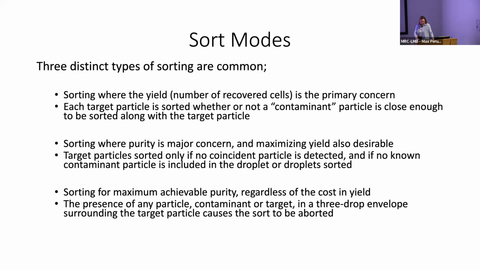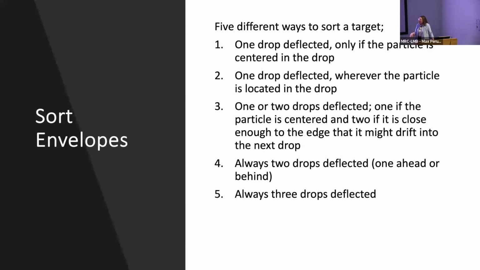I have a slide showing a little bit how this works. There are what we call sort envelopes. Give or take, depending on the system, there are 5 different ways to sort a target. 1 drop is deflected only if the particle is centered in the drop. 1 drop wherever it's located in the drop, so it doesn't matter if it's on the edge or anywhere.